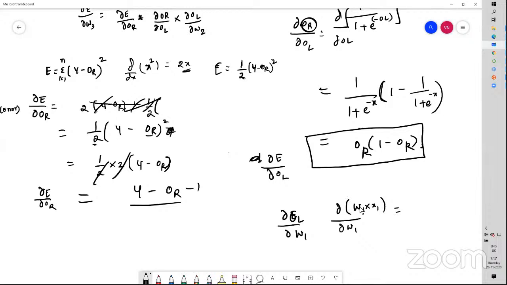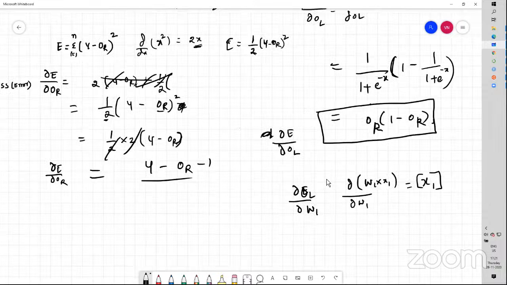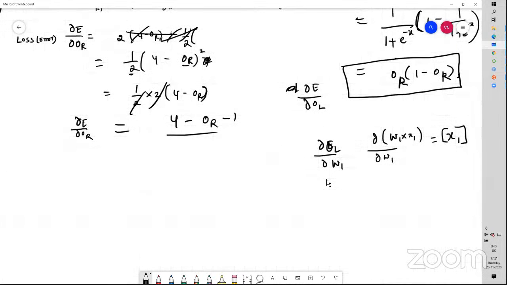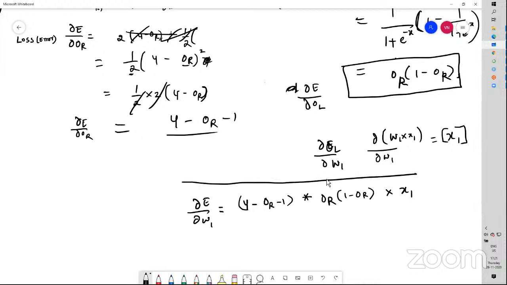So dou OL divided by dou W1 is nothing but X1 itself. So to find dou E by dou W1, we need to multiply these three derivatives: y minus OR, minus 1, into OR into 1 minus OR, into X1. So this is the final derivative with respect to W1.